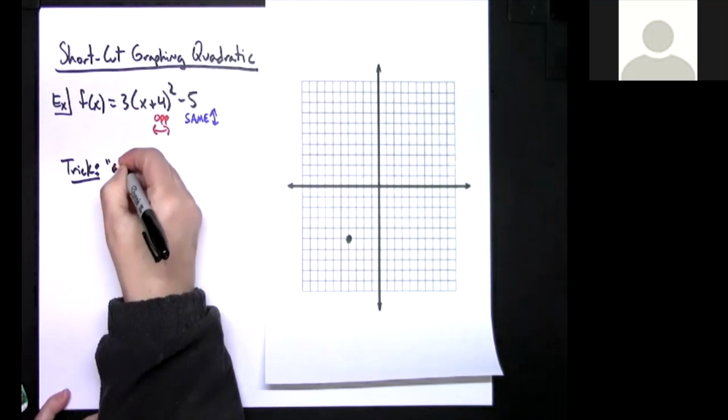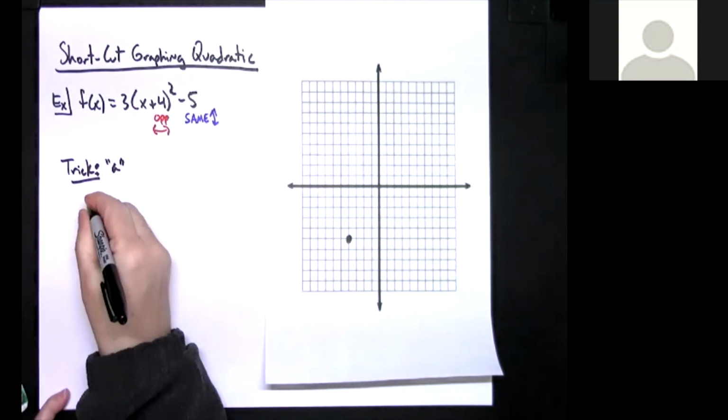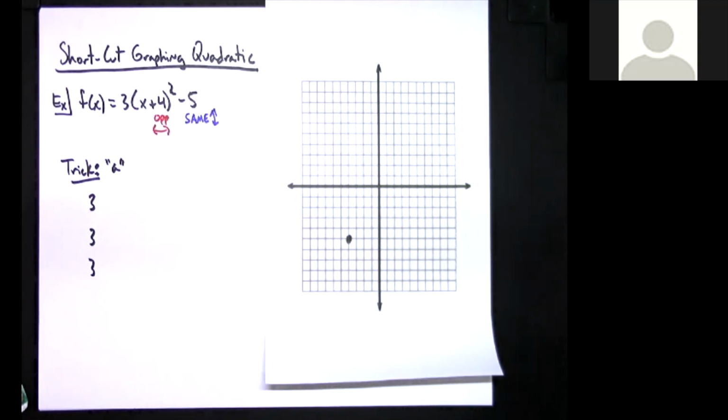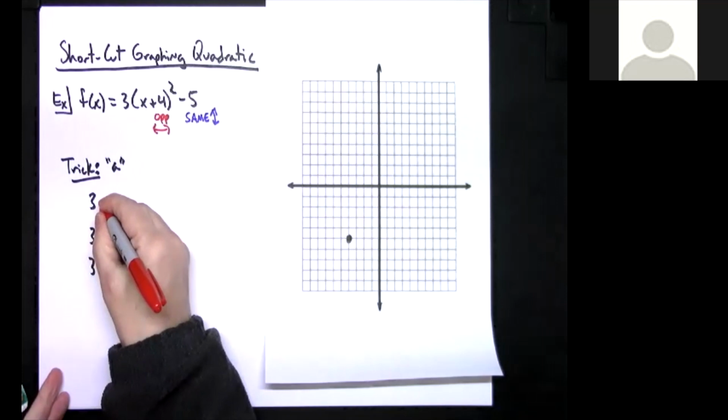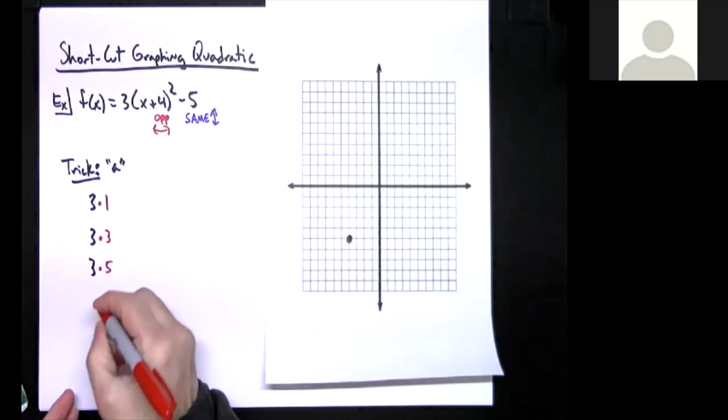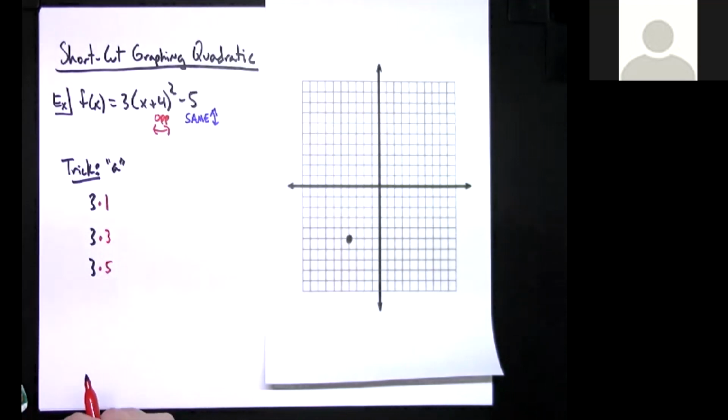We'll put A right there so you remember it's A. I'm going to take the 3. I'm going to write it down 3 times because I want 3 different numbers here. Then I'm going to multiply it by the magic numbers. And the magic numbers are 1, 3, 5. Those are your magic numbers that you will use on every parabola because it works on every parabola.